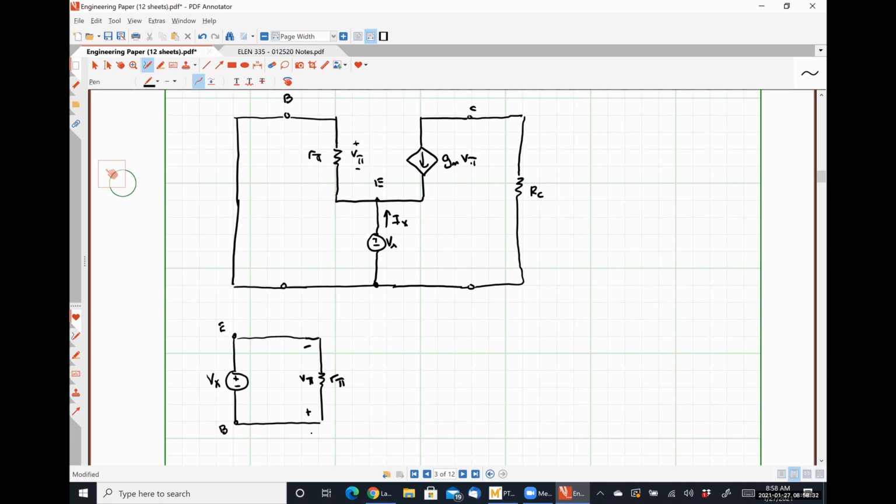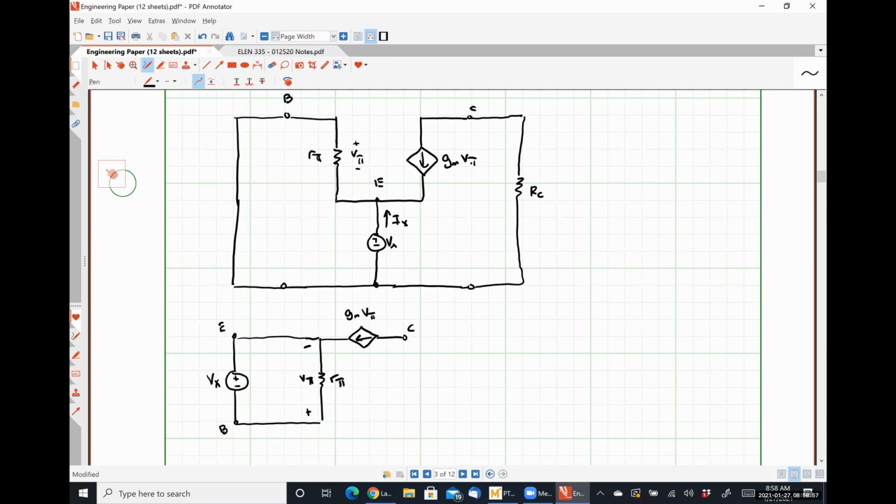Then between my emitter and my collector, I have my current source. The current's flowing from the collector to the emitter. So here's gm v pi.